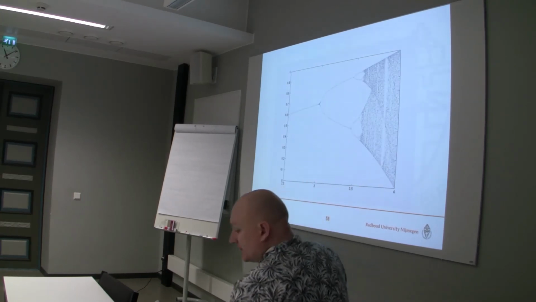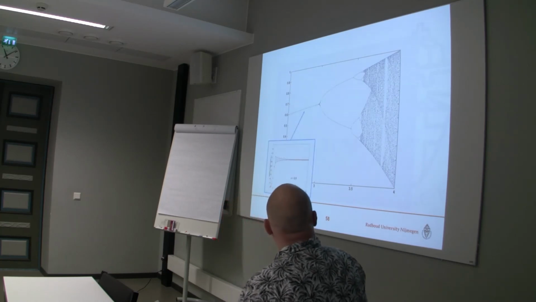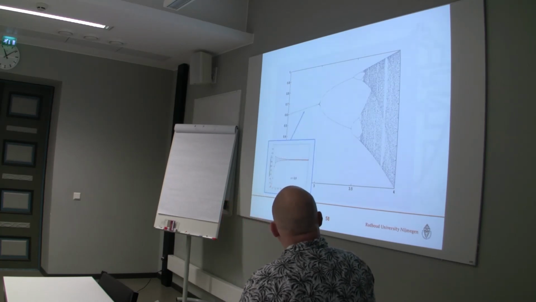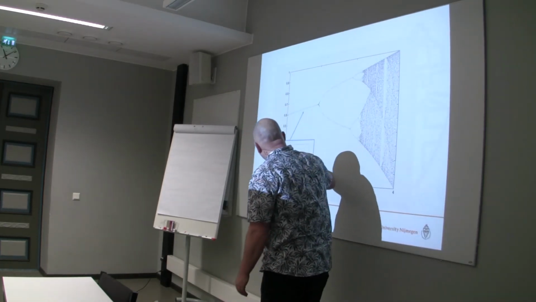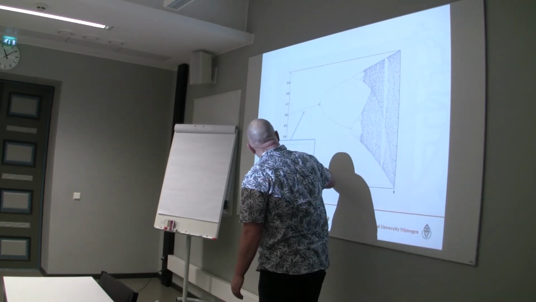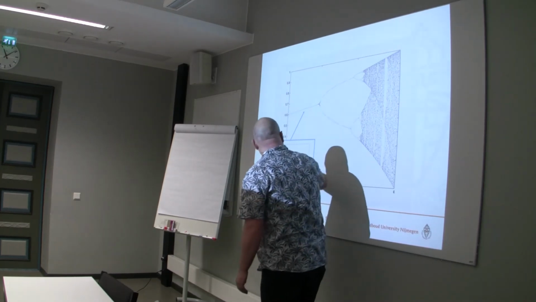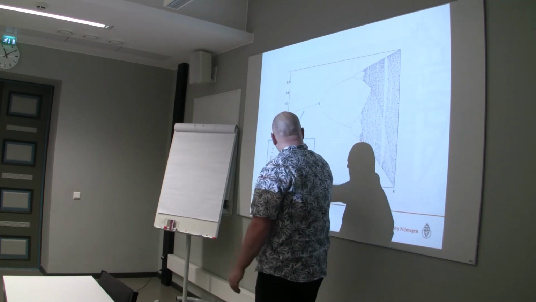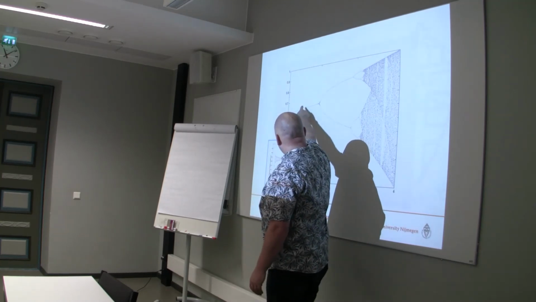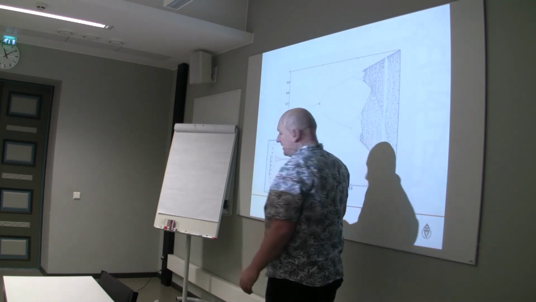At 2.9, that's somewhere here, we ended up in something like 0.6, just a little bit above 0.6. So that's for parameter value 2.9, that's this point. It ends up here.